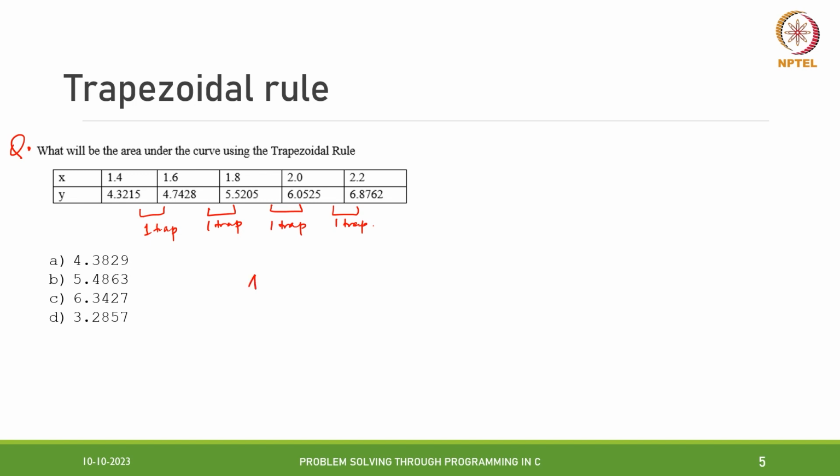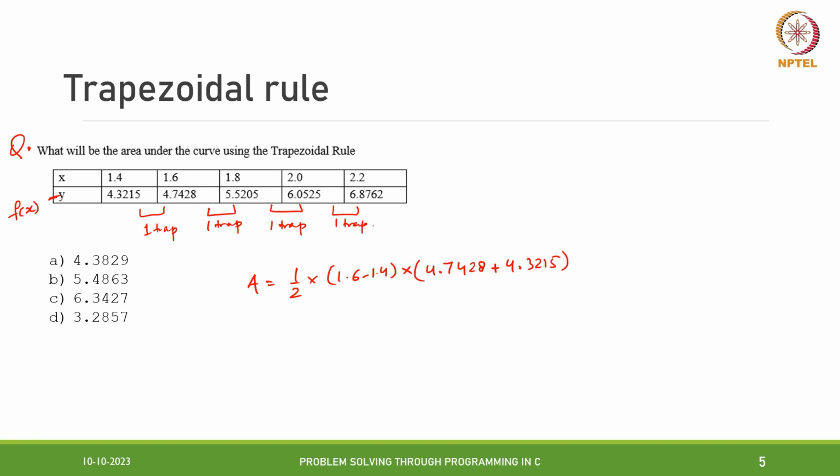So let's calculate that. Half into 1.6 minus 1.4 multiplied by the values 4.7428 plus 4.3215, so this is basically f of x. Sorry, this would be a plus.